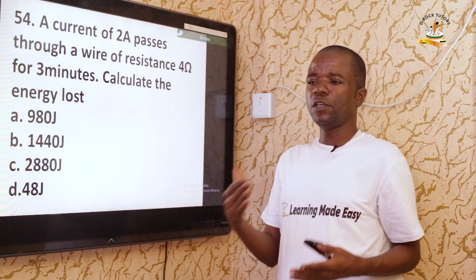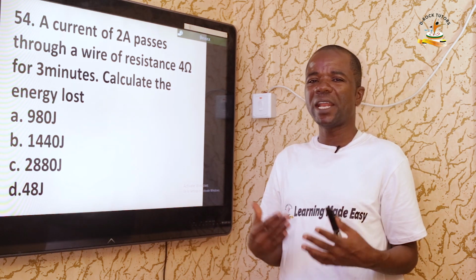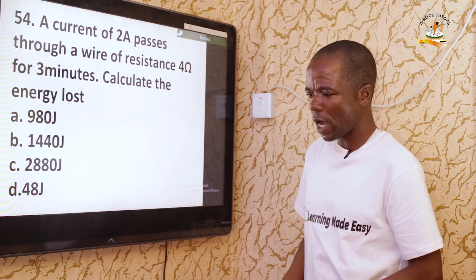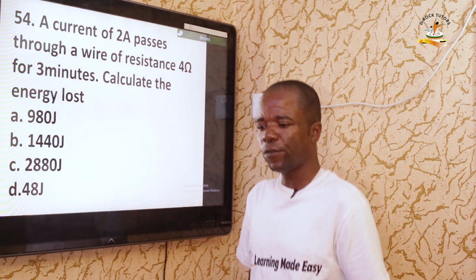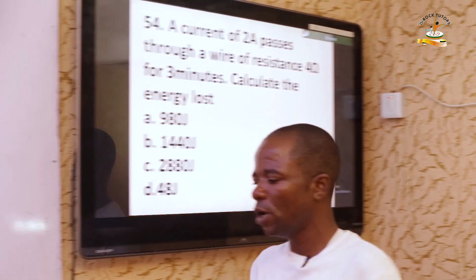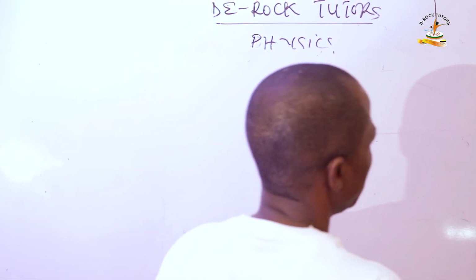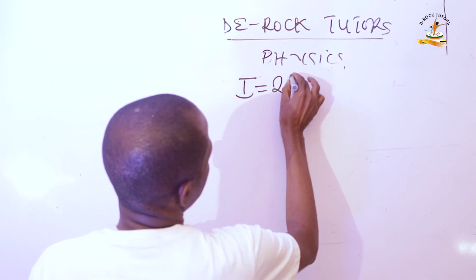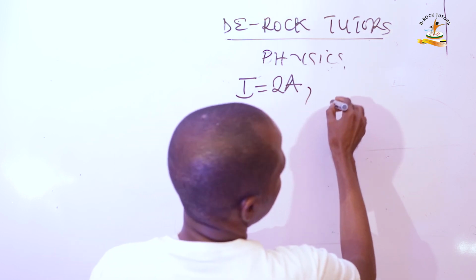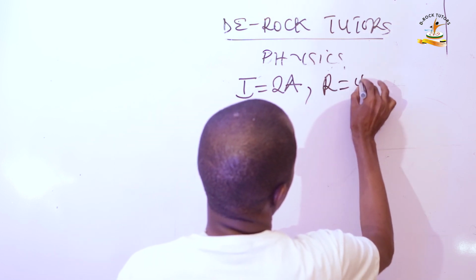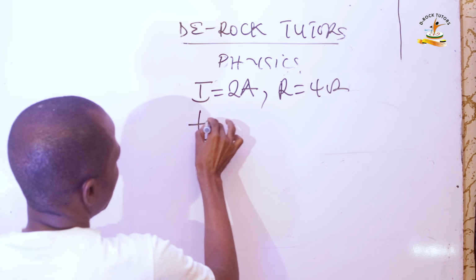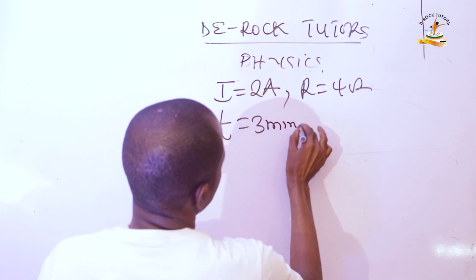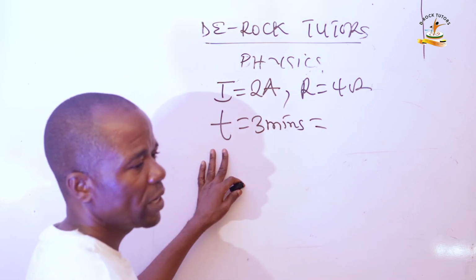We know that if you want to calculate the energy loss or the energy dissipated or the heat dissipated in a particular conductor, there are several formulas that can be used depending on the information we are given. Here, we are given the current, which is 2 ampere. We are also given the resistance R is equal to 4 ohm. We are given the time, which is 3 minutes. Don't forget, the time has to be converted to seconds.